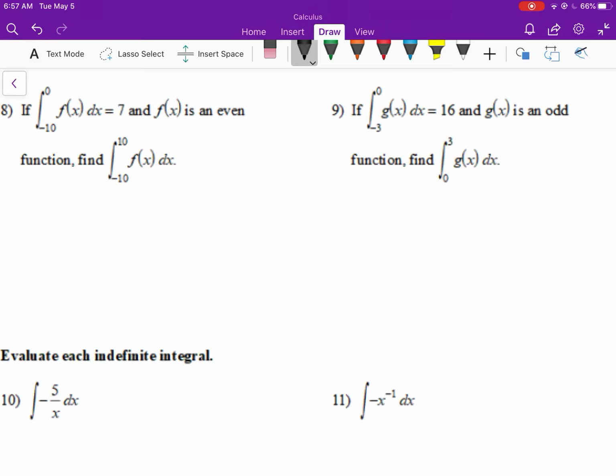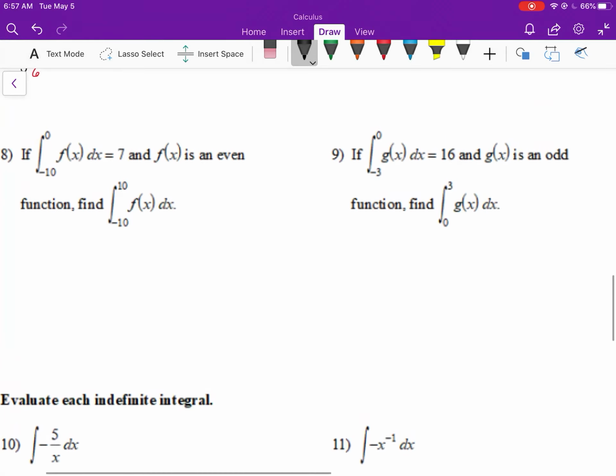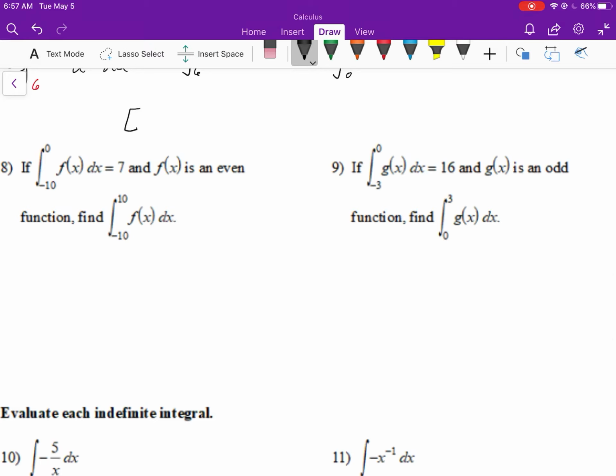This has to do with even and odd functions, so we need to remember that even functions are symmetric about the y-axis. So even functions are things like parabolas that are symmetric about the y-axis, and then odd functions are symmetric about the origin.